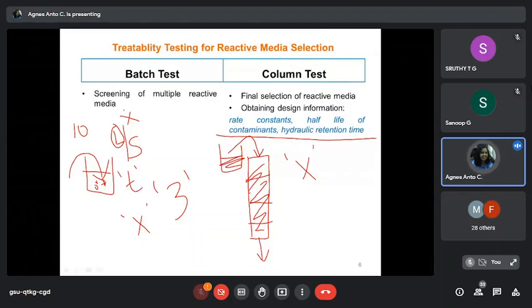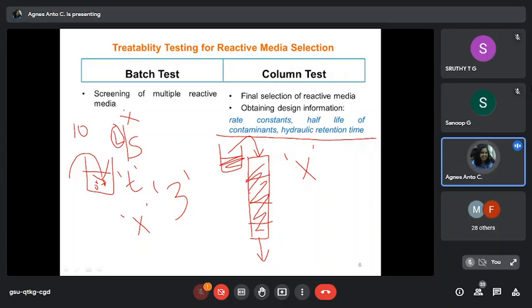So I can determine the rate constant from the column test. I can determine the half-life of the contaminant. Half-life means the time required for the concentration of the contaminant to reduce to 50% of the original concentration. So you can determine the half-life, and the hydraulic retention time.